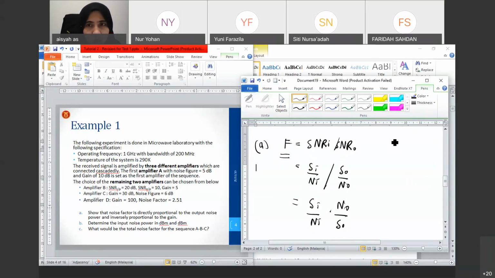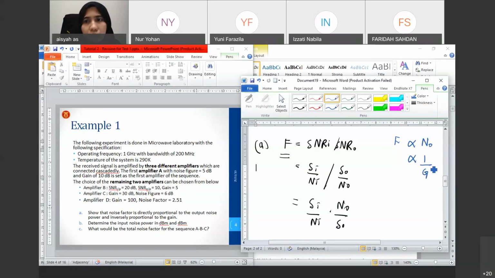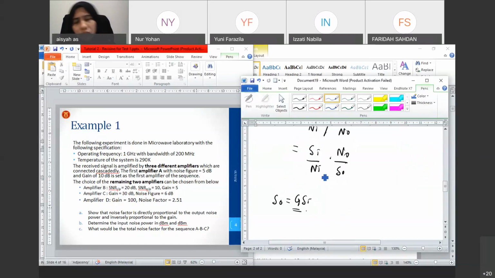So this question wants you to derive F proportional to N naught and inversely proportional to the gain, so 1 over G. Yes.